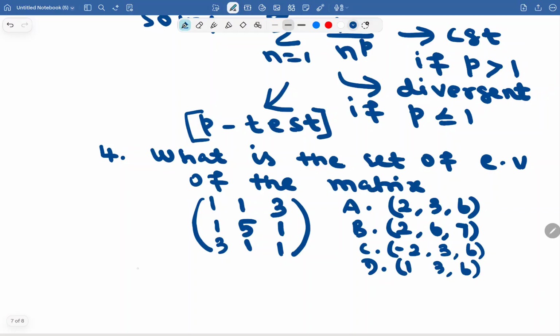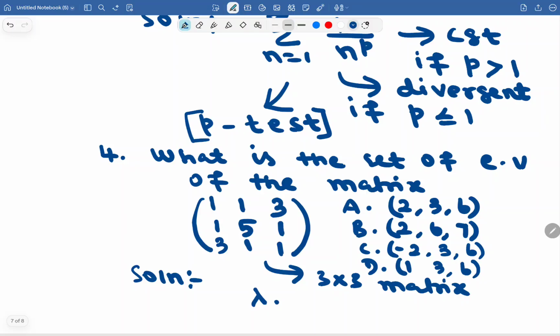For the solution to this 3 cross 3 matrix, we have to find the eigenvalues. For a 3 cross 3 matrix, there should be 3 eigenvalues: lambda 1, lambda 2, lambda 3.